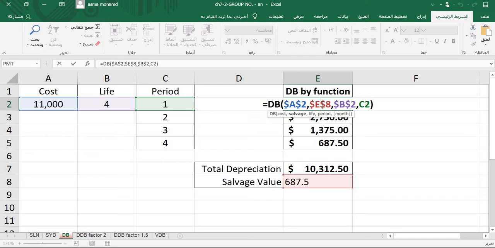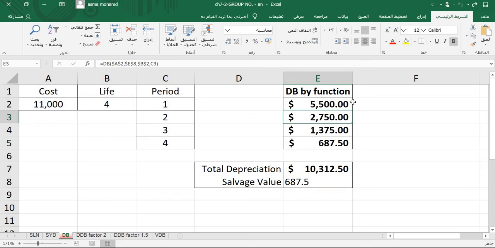Here we have the salvage value, and the 3rd argument we will add the life, and the 4th argument. You can notice here that the 4th argument is not constant, it doesn't have an absolute reference. Why? Because in the 1st row we need it to use the 1st period.